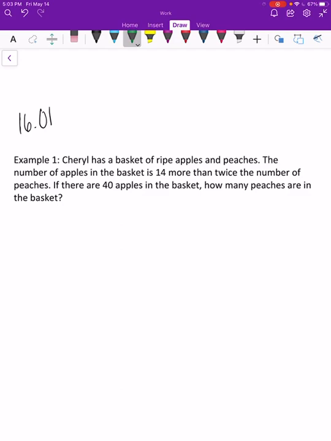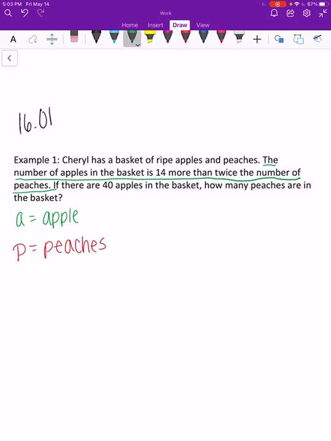So here we have the number of apples in the basket is 14 more than twice the number of peaches. So we're going to call A apple, and then we'll do P for peaches. Very creative there.